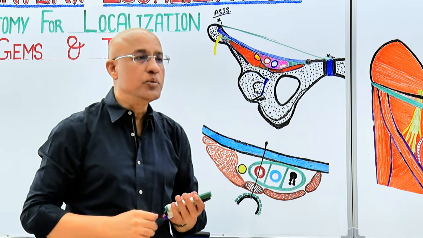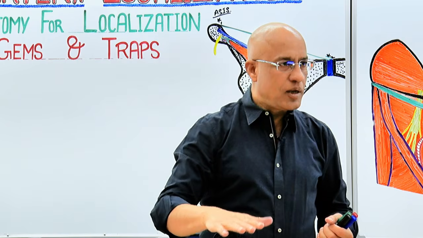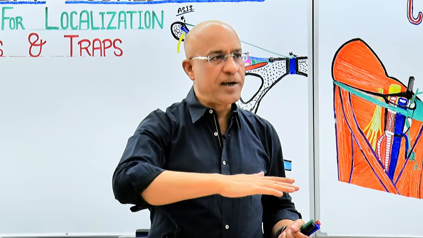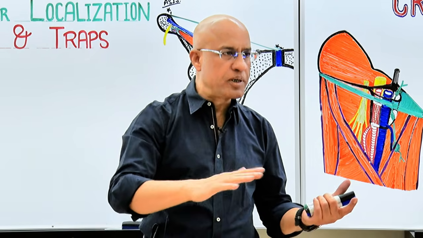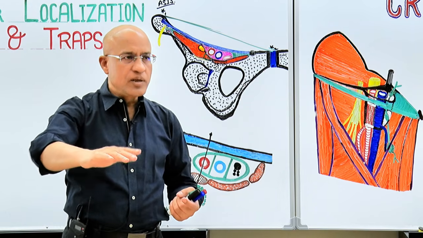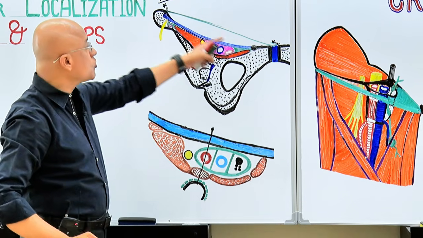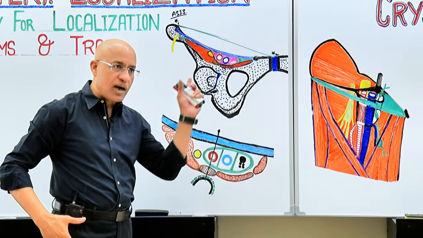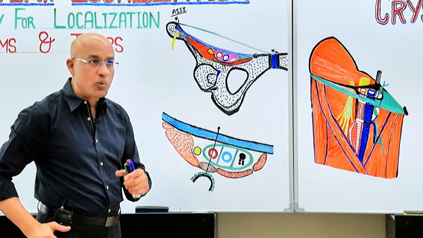So what you need to do, you ask the patient to lie flat on the bed in the supine position. When the patient is lying supine, you have to find these two points and reach the femoral triangle where this golden segment of the femoral artery is located.